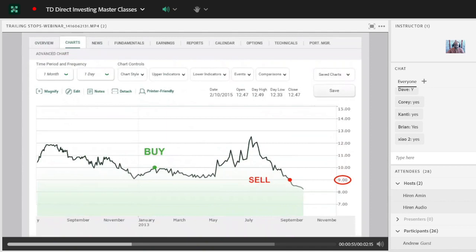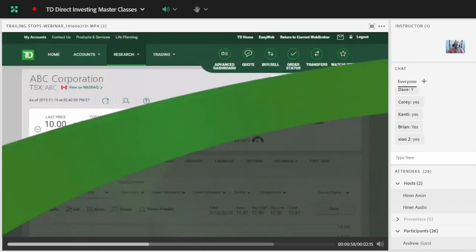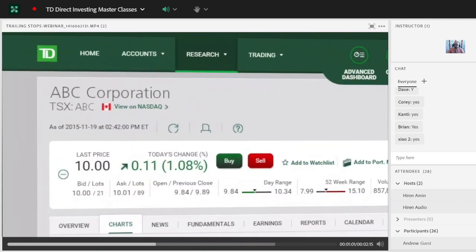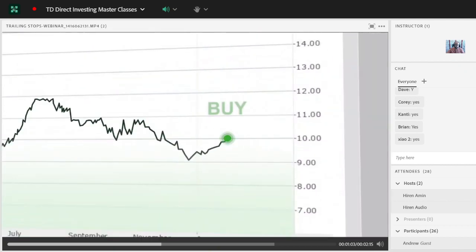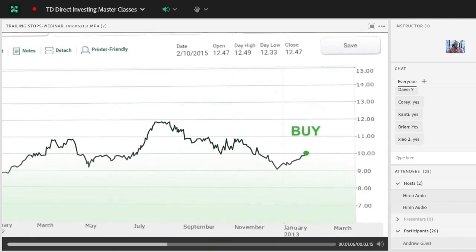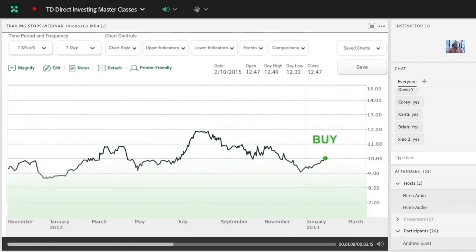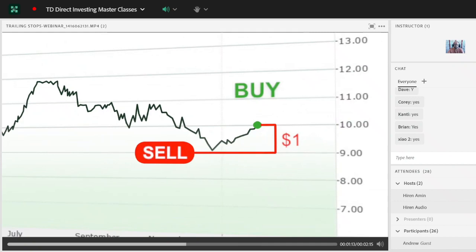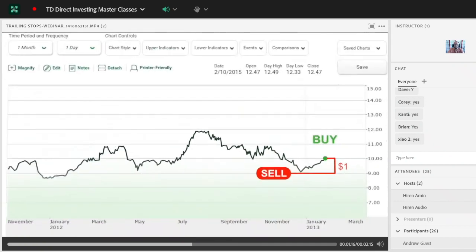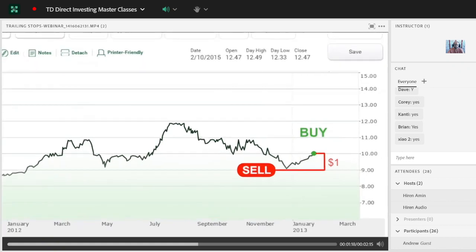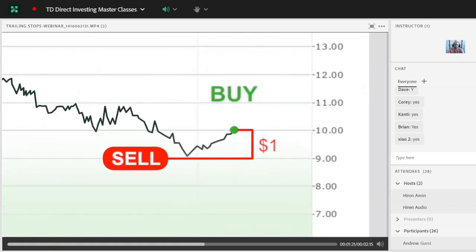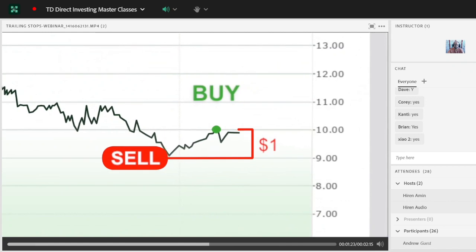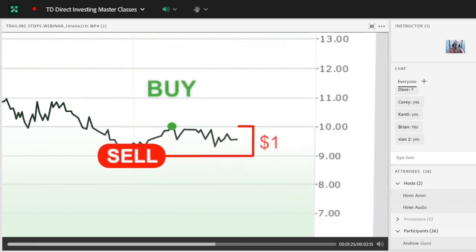Now there are some important details around that, which we'll touch on a little later, but first, let's look at this scenario again, but using a trailing stop order. So again, I buy shares of ABC Corporation today at $10, but this time, instead of entering a stop order to sell if the shares drop to $9 or less, I enter an order to sell if the price drops by $1. Now initially, this results in an order very similar to my stop loss at $9. The price may dip, and the stop loss would remain at $9.